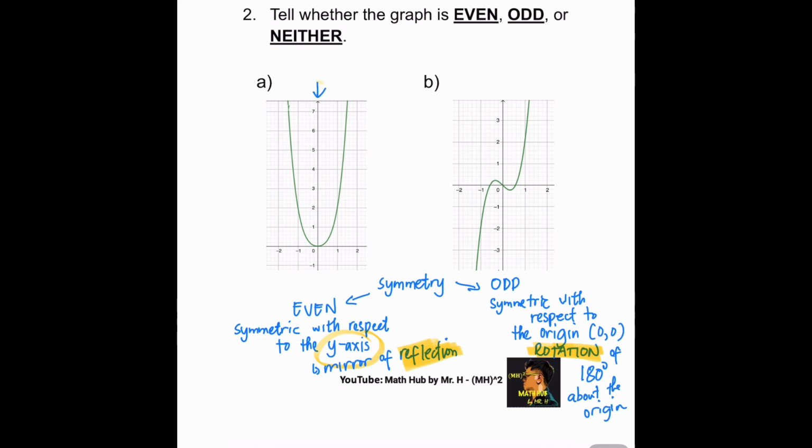This is the y-axis, and the y-axis serves as the mirror of reflection because you can see that the graph is symmetrical, right? So basically the first one, example 2a, is an even function.